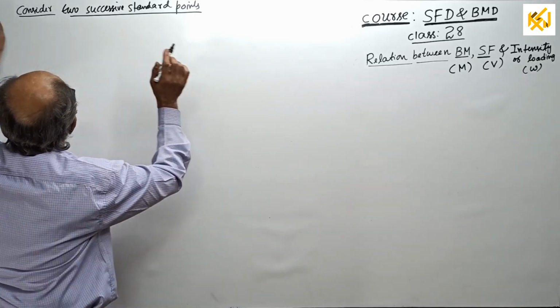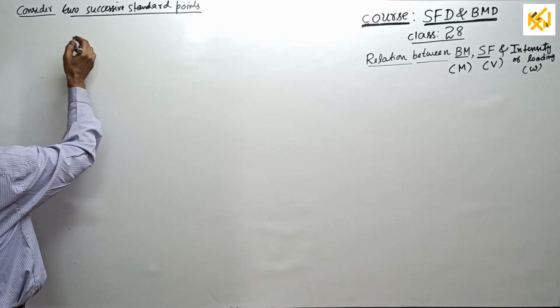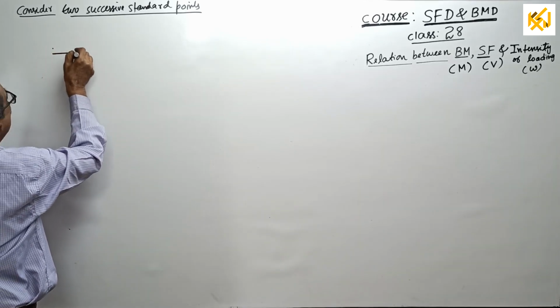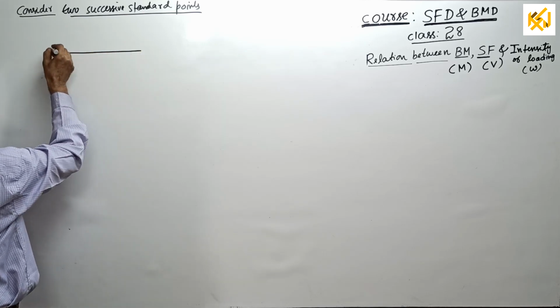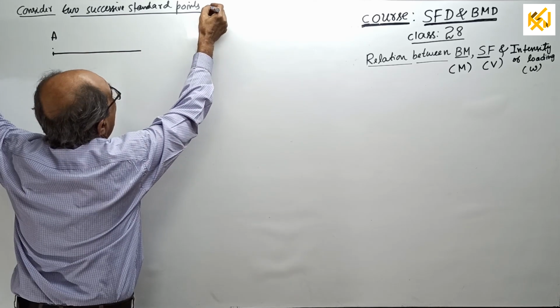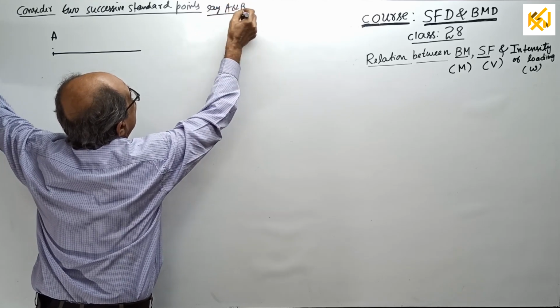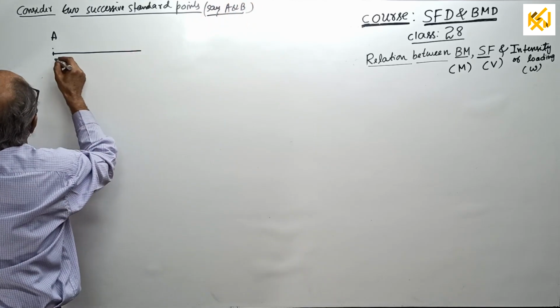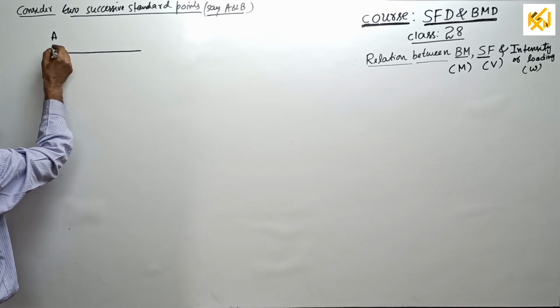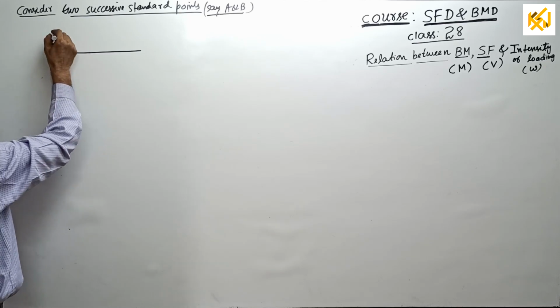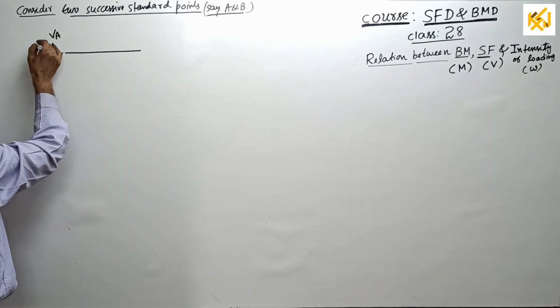See, now I will start first. I will not explain now. See, this is A. Say A and B. A on the left side, B on the right side. Don't memorize A, B. Here there is a force, I will put VA and MA this way.